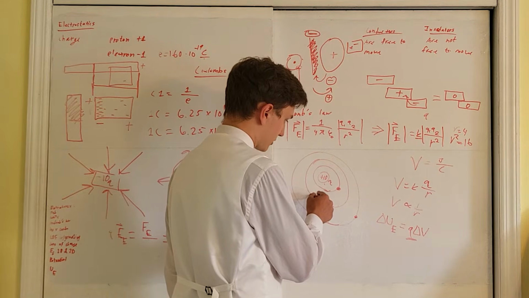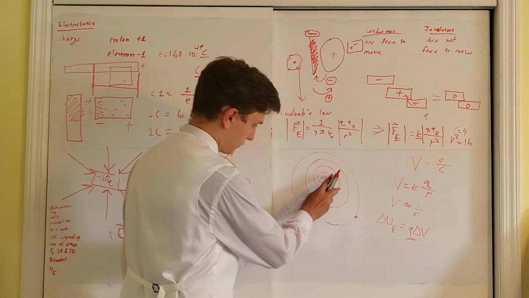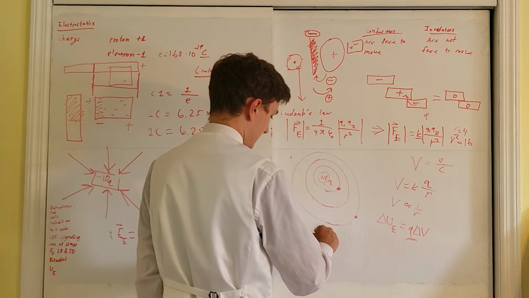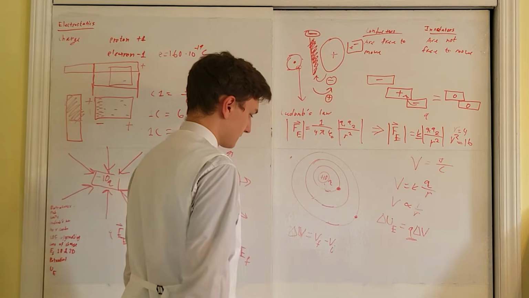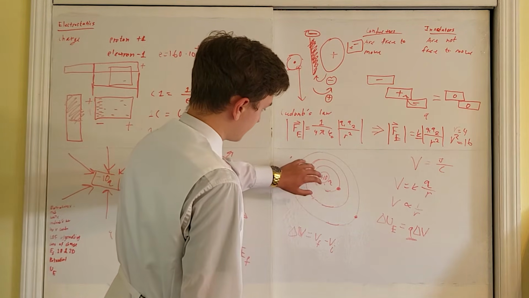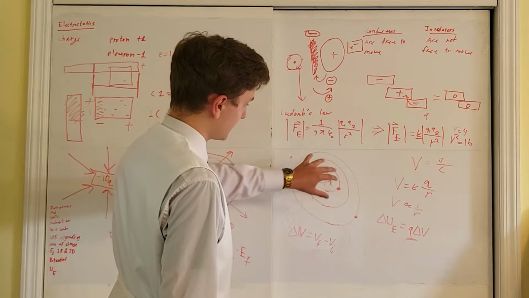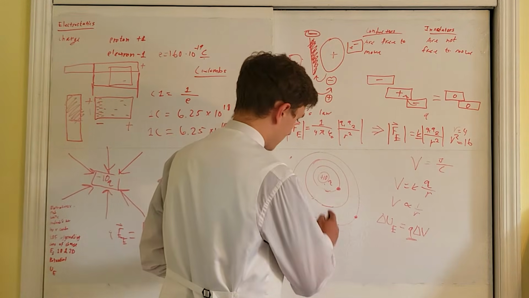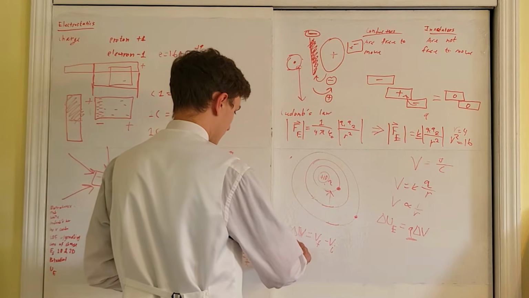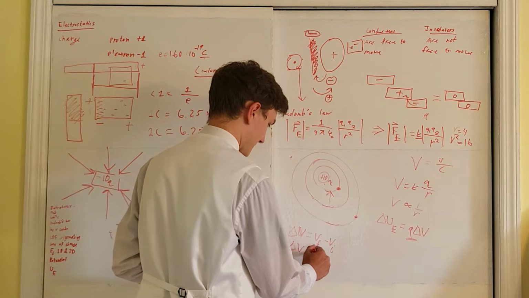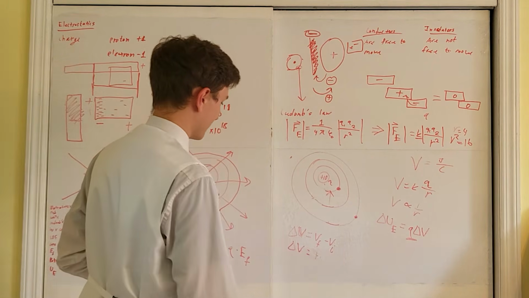Since the charge will be moving this way, change in potential equals final potential minus initial potential. So we discussed that potential is always greatest nearest to the center. So if a particle moves this way, closer to the center, then your change in potential is positive, because your final is greater than your initial.